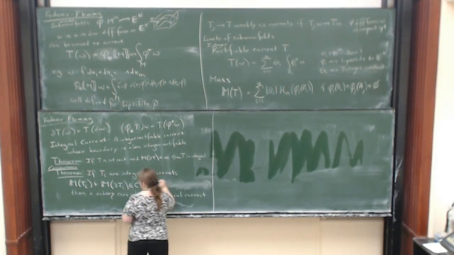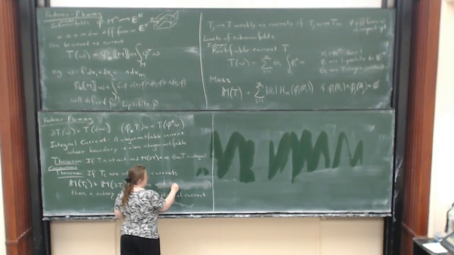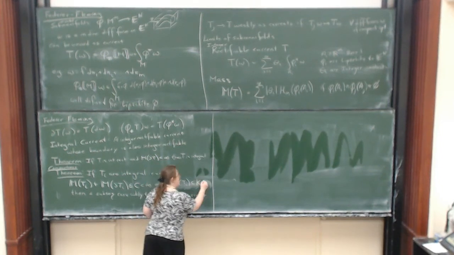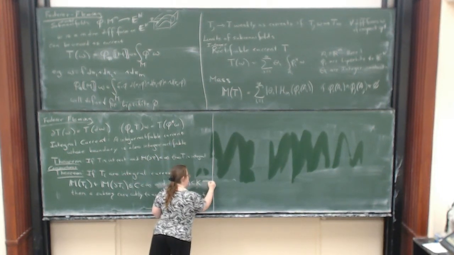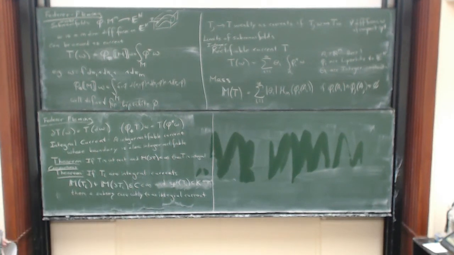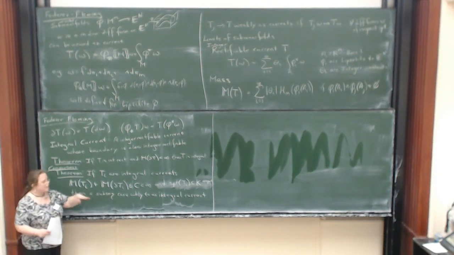Very important fact. The support of the T_i is in a compact set. Okay, so the support is in a compact set, the masses are uniformly bounded, and the subsequence converges weakly to an integral current.